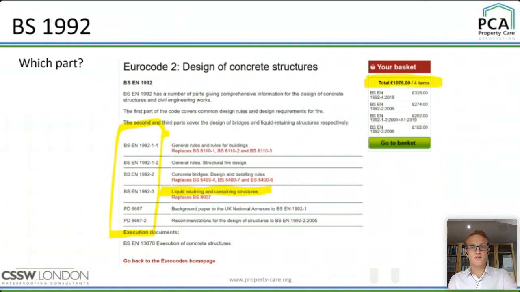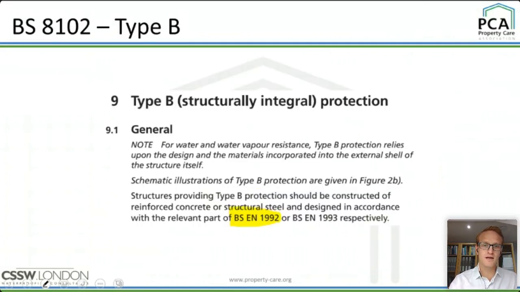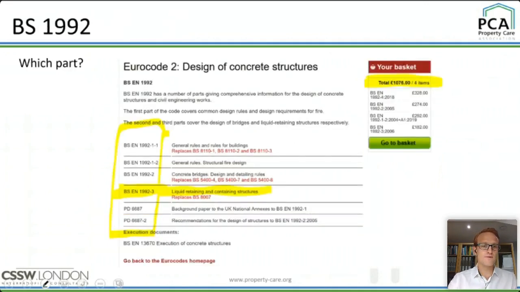You're trying to retain the earth from coming in the same way you're trying to retain the water from coming in. So I would say that the relevant part of BS EN 1992 is -3. So just going back to this, BS 8102 says design it to the relevant part of Eurocode 2. I would say the relevant part is Eurocode 2-3.